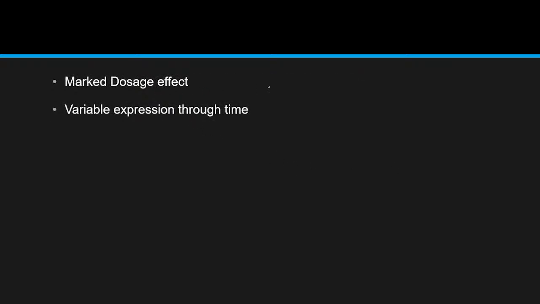Now, what do I mean by dosage effect? Anybody here has any idea what a dosage effect is? Jovel, do you have any idea? No, sir. Very honest, I love it, Jovel. What about Nicole? Does anybody know what dosage effect is?